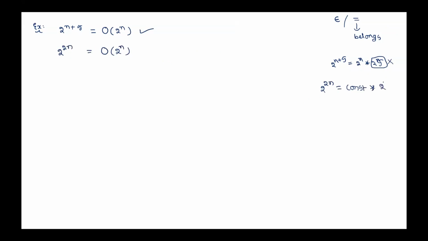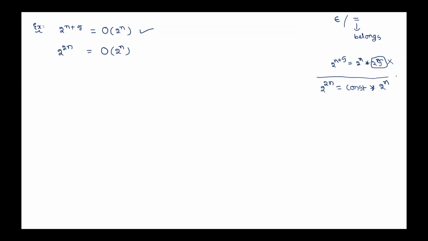If we are able to write like this, then both have the same order of growth. Otherwise, clearly we know it can be more, it's 4 to the power n. Whether both are equal or not, that is the confusion. Otherwise, it is clearly visible that 2 power n is smaller than 2 power 2n. Only equality is the confusion for us.